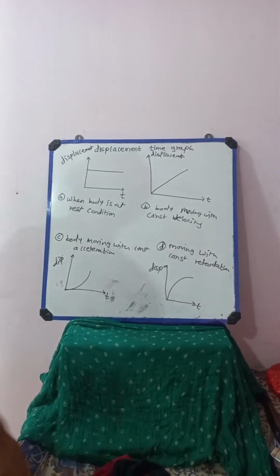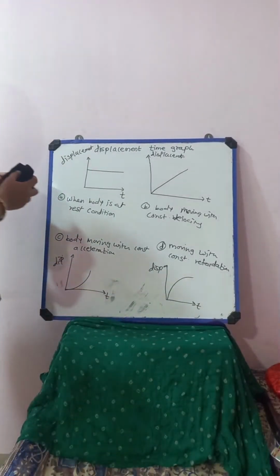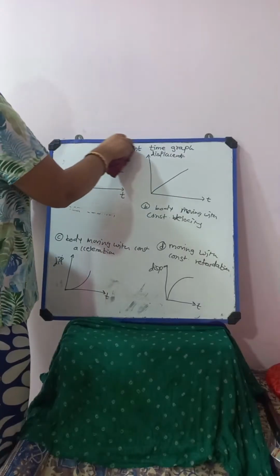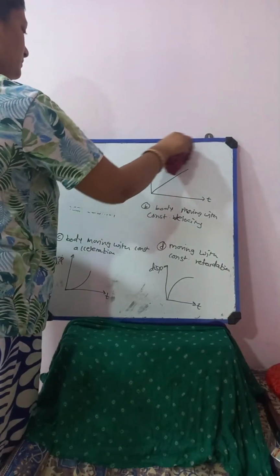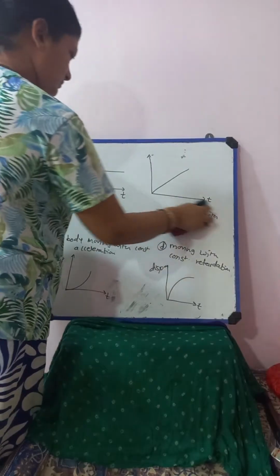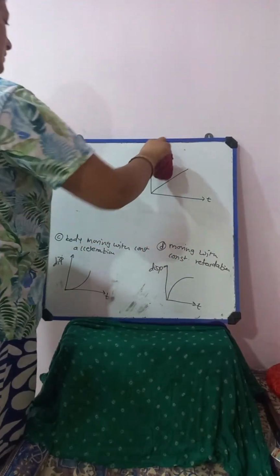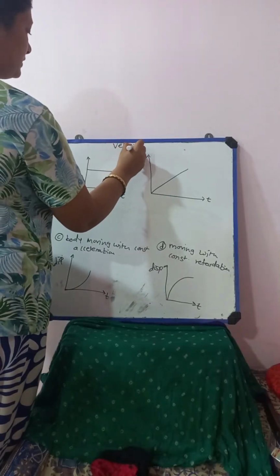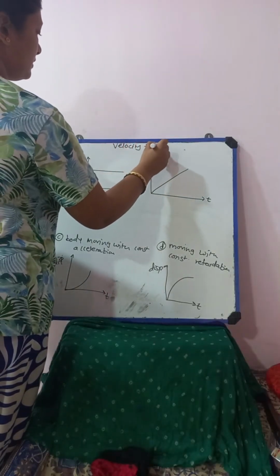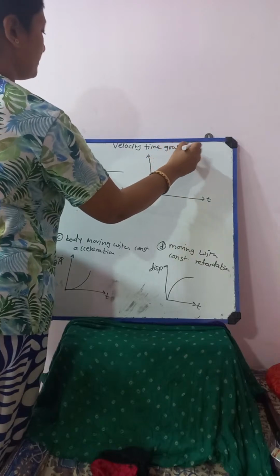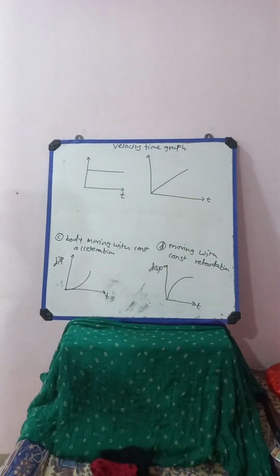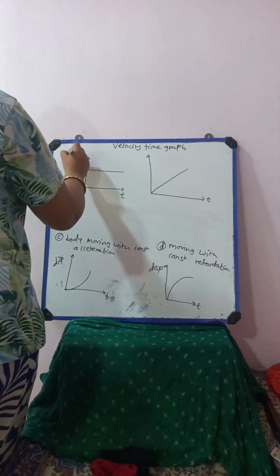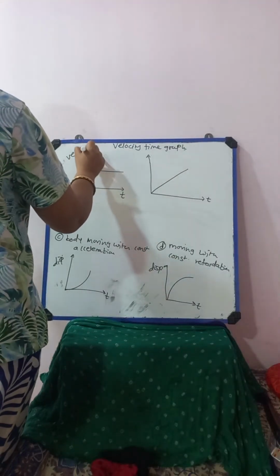Give the next heading, velocity time graph. Here on the x-axis we have time and on the y-axis we have velocity.